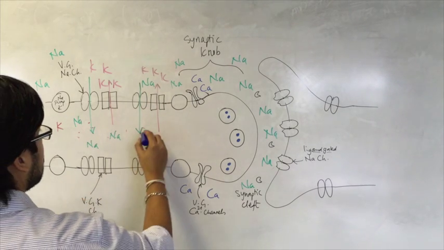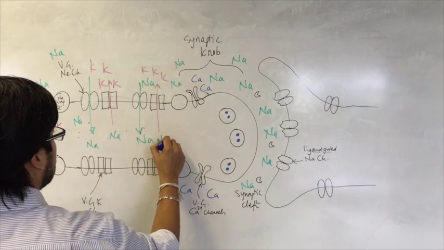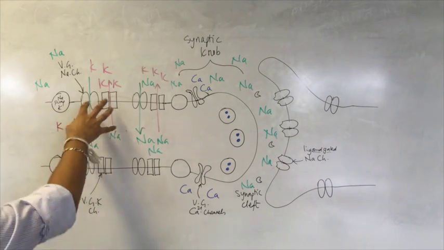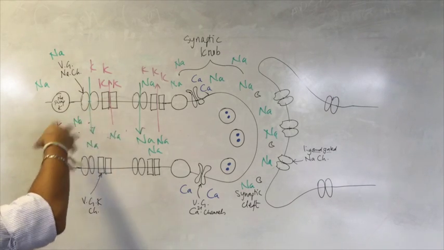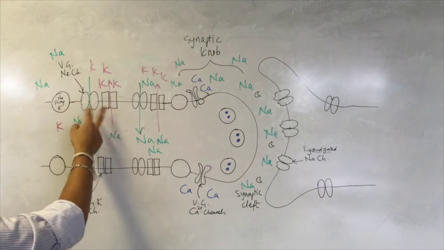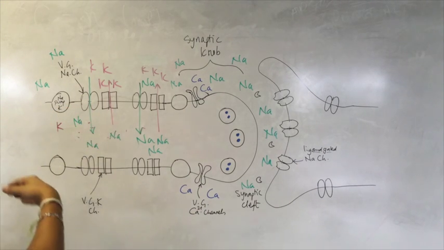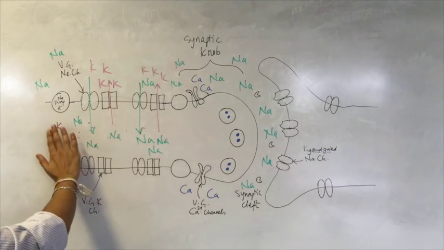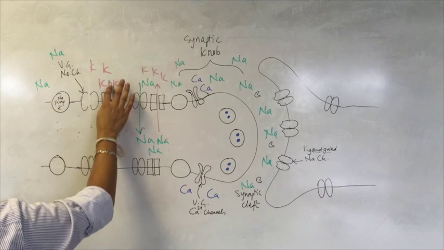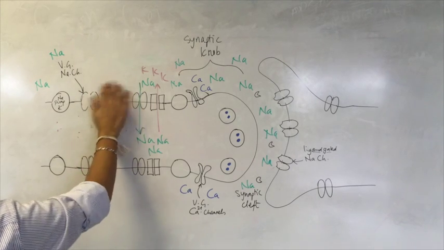Following that, we'll have potassium out here and lots of sodium in here. But remember, here the repolarization will have proceeded even further, and both gates will now be closed, and the sodium-potassium pump will now be working to re-establish that balance. So behind this depolarization, everything is getting back to normal.